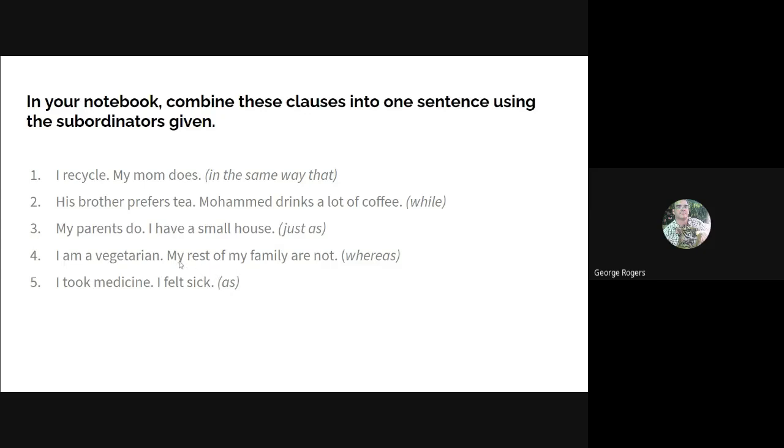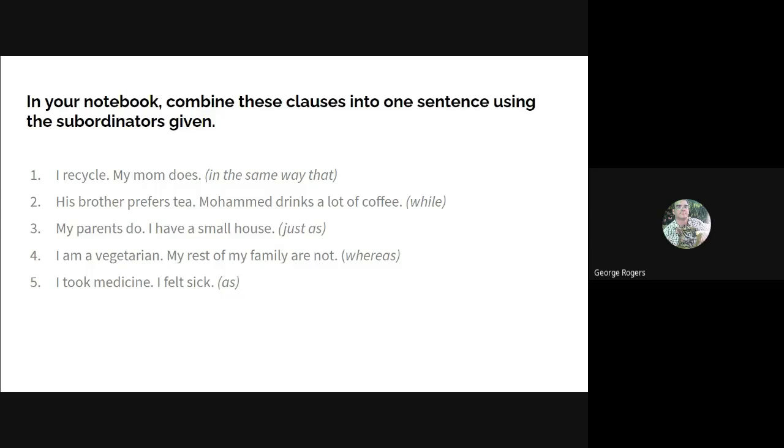This one shouldn't be "my" here. Slight mistake here. The rest of my family are not. Again, if that's all you hear, the rest of my family are not. Not what? Could be many things.